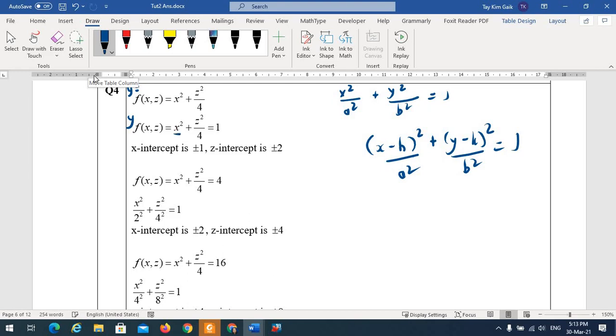And then you can see this one: x squared over 1, so your x-intercept is positive and negative 1. Z squared over 4, so the z-intercept is positive and negative 2. Then you sketch your ellipse, with z as the vertical axis and x as the horizontal axis.